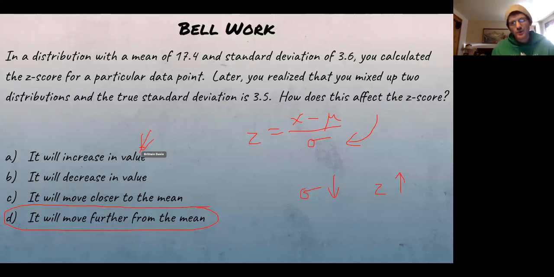So that is correct, but it's also incorrect because if you already had a z-score that was negative 2.4, then by changing your standard deviation, that's going to go up in absolute value to maybe negative 2.5. I'm making something up. So the absolute value will increase. It's going to move further from the mean.